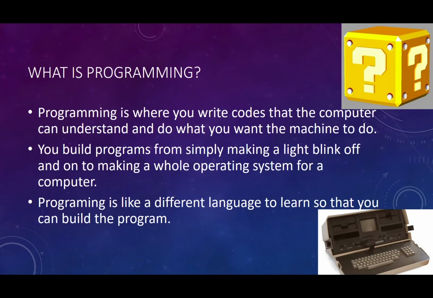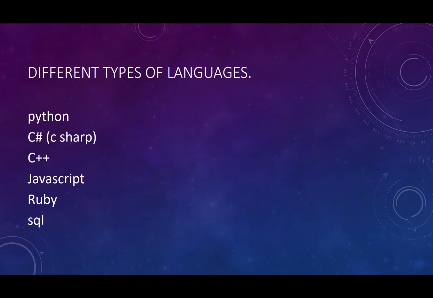teach the fundamentals and basics that you need to know before you get into these different coding languages. Now, there is a list here of different coding languages that you can learn. Once you understand the fundamentals of programming, you can then branch off on how to program in these: Python, C#, C++, JavaScript, Ruby, and SQL.